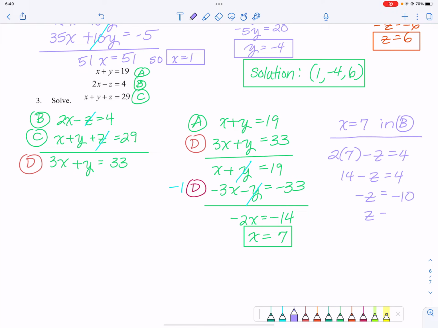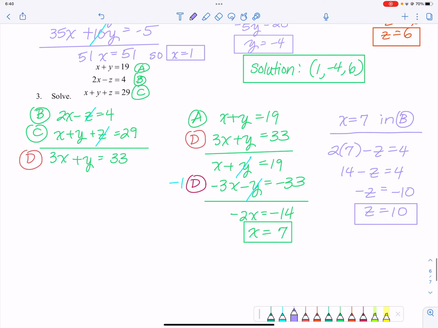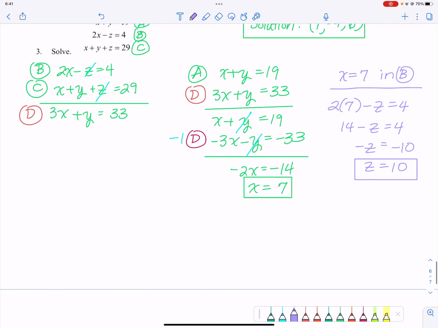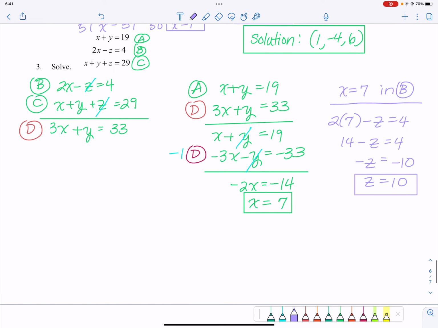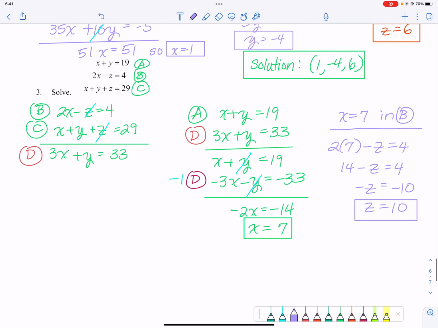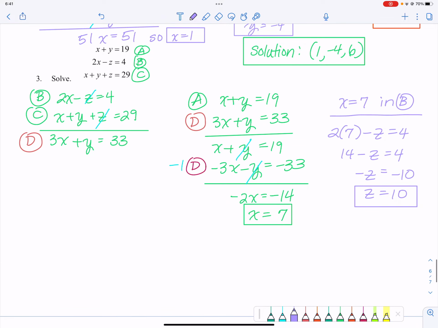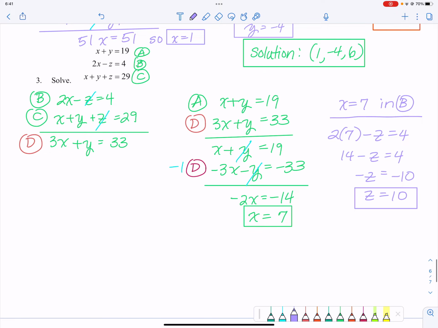And we have Z is equal to 10. And now we can go into equation B. We have Z equal to 10. And now we could go into pretty much any equation that you'd like. A is awful nice. If we have X equal to 7, we could find Y.